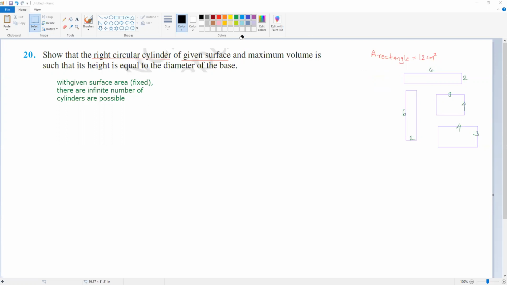If the area is fixed, we can have, okay, one second.